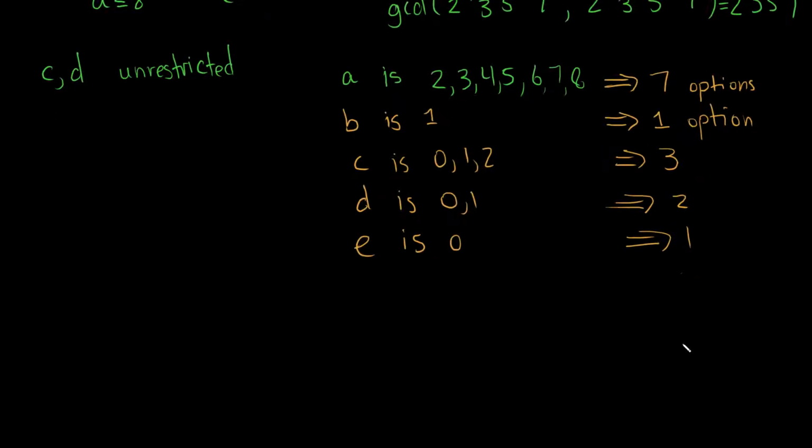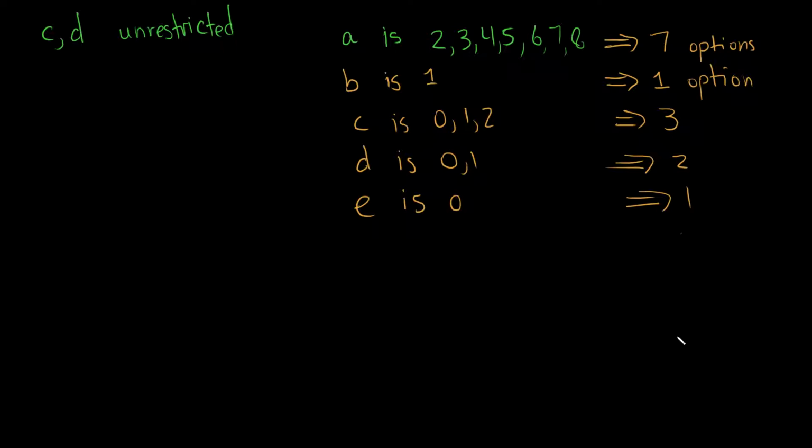Whenever we have options, we say, well, I have 7 options here, 1 option here, 3 options here, 2 options here, 1 option here. We can multiply them together to get how many total choices we have. Because if I have 3 choices here, and then I make another 4 choices here, that's just multiplication. And if you take all that and say, all right, make another choice here, that's just, again, multiplication. So what I'm saying is our total options.